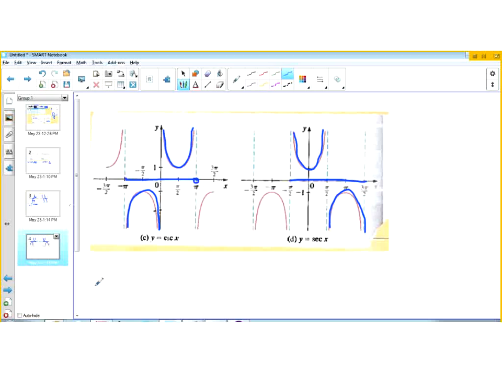Let's see, before I proceed, I see a note here. If we have a graph or an equation like y equals tangent of kx, or y equals, say, a cotangent of kx, just keep in mind we don't really talk about amplitudes of cotangent and tangent because they stretch to positive and negative infinity.